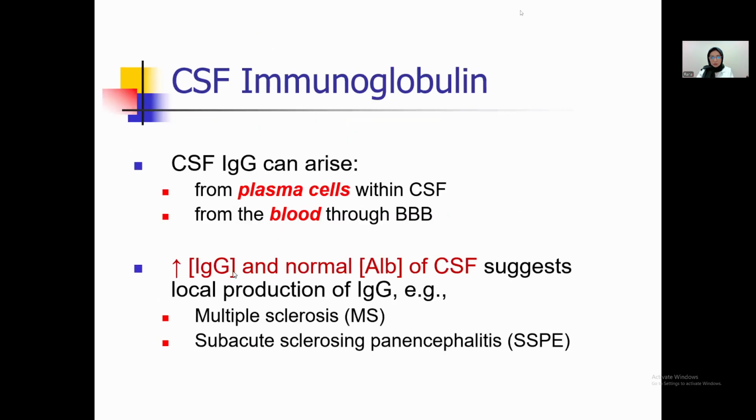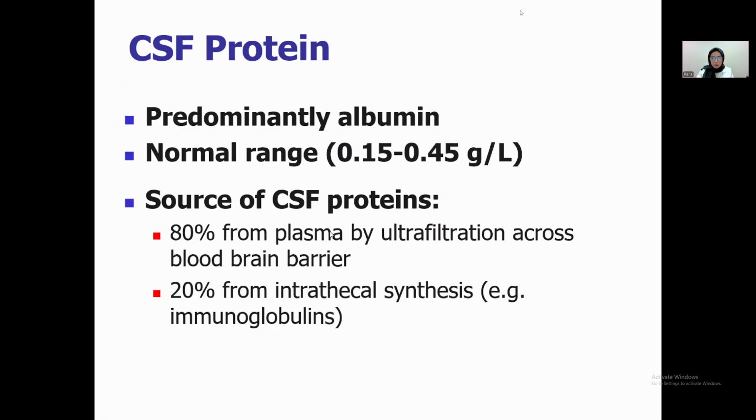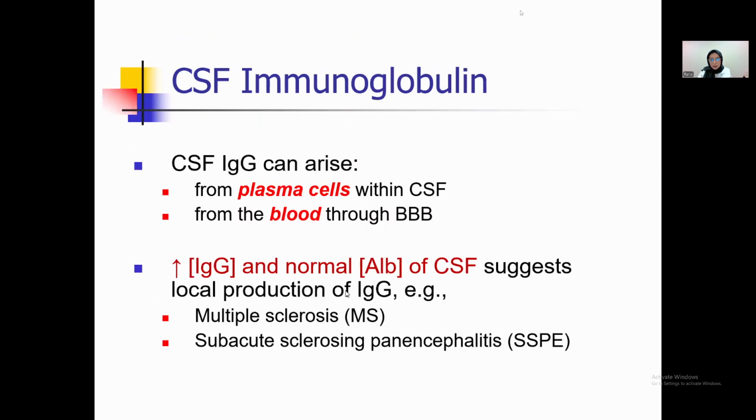So when IgG is high while albumin is normal, not low, normal, we know it is not through ultrafiltration. There is local synthesis, because the immunoglobulin is high while the plasma is normal. So this protein didn't come through the blood-brain barrier from the blood. This is local synthesis.